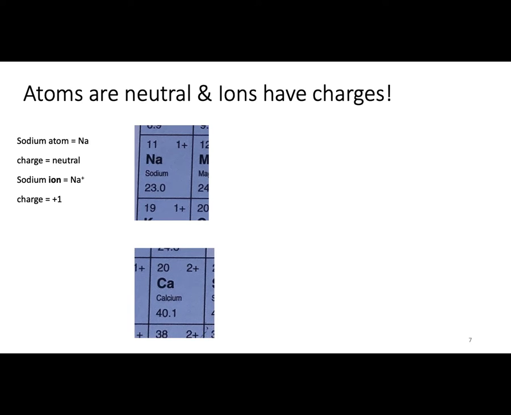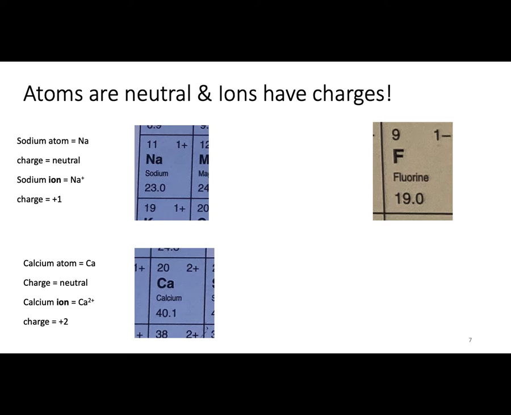Here's calcium. What do you think its atom charge is going to be? Yes, because it's an atom, it's neutral. A calcium ion is Ca2+. You can tell from the ion charge in the corner. The charge is 2+. What about fluorine? A fluorine atom is written as F. Its charge is neutral.